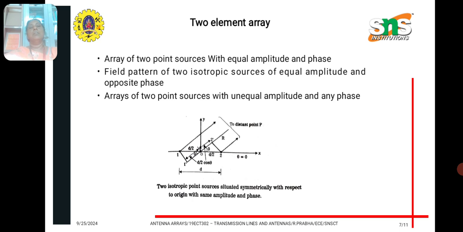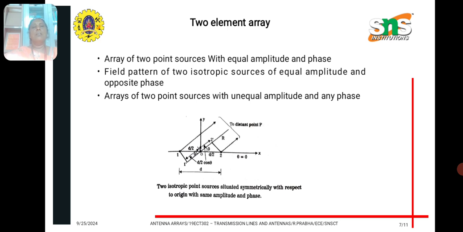For analytical purposes, we take a two element array of isotropic point sources. The diagram represents two point sources equally separated from the origin, and the total distance between them is taken as d.